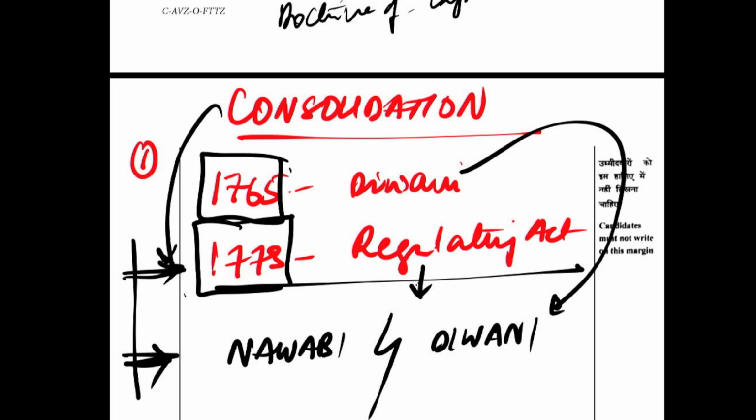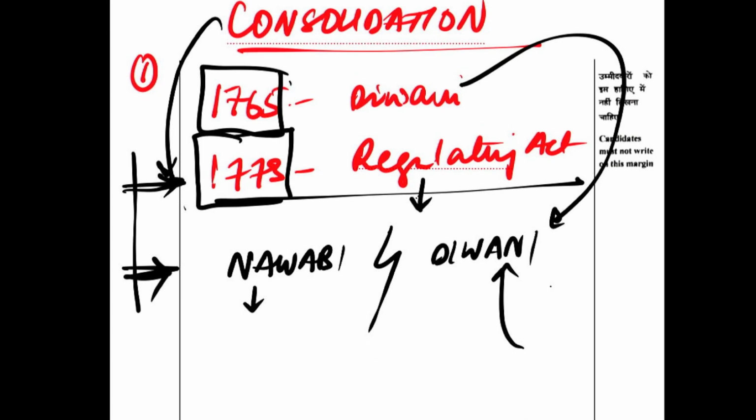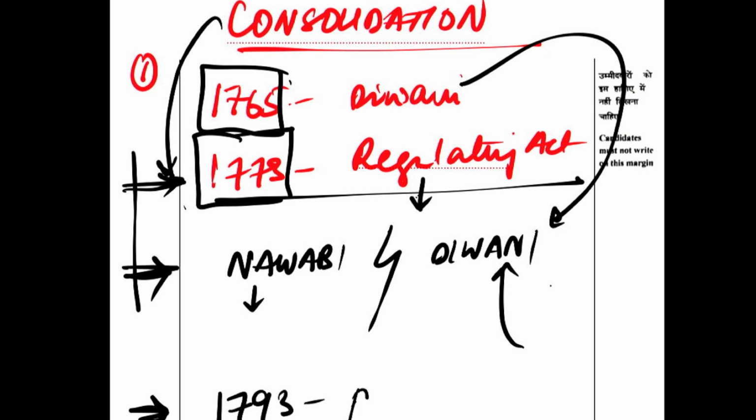So the British have the Diwani rights, collecting revenue, and the responsibility of maintaining law and order, and the state is on the Nawabs, and that is one administrative thing. And in 1793, they brought the permanent settlement, which boosted their incomes to further expand and consolidate.